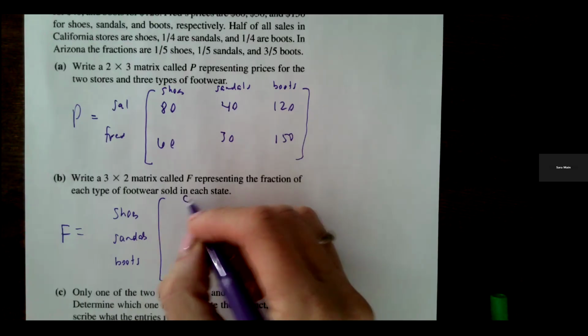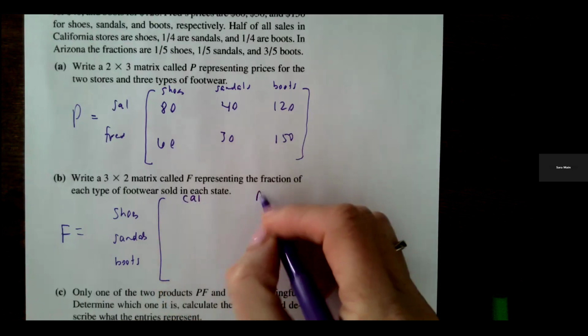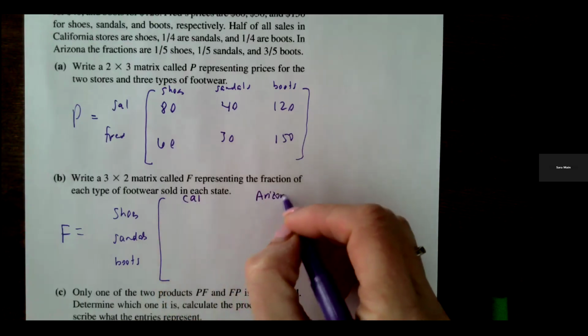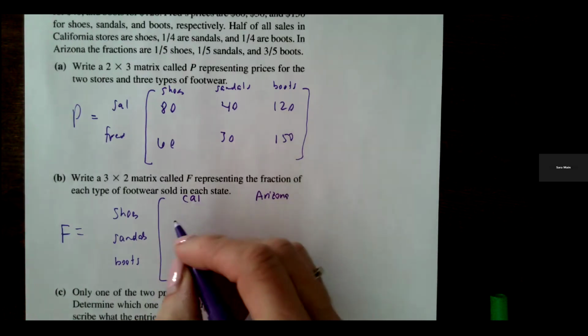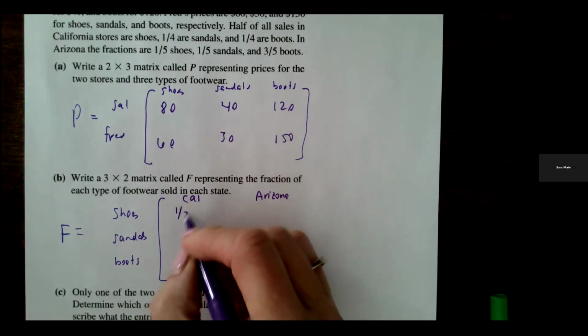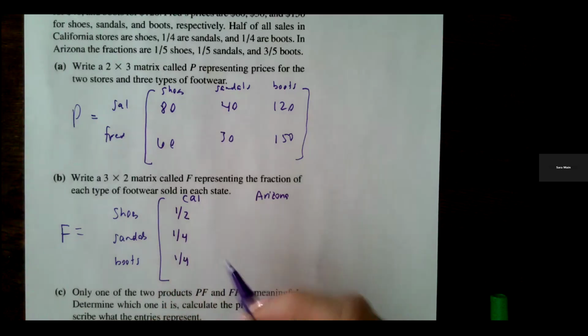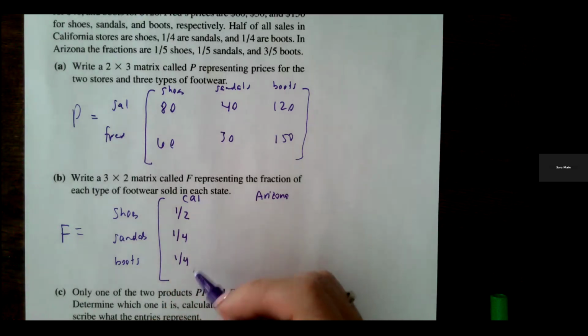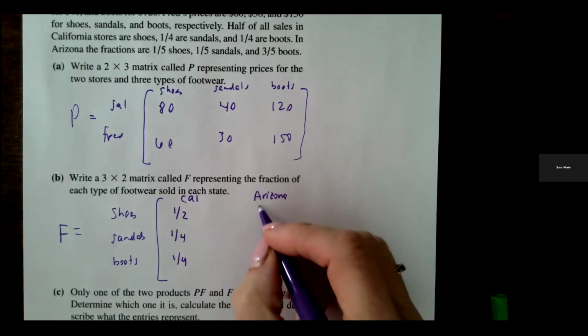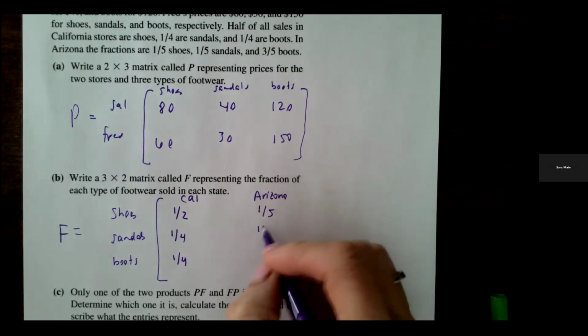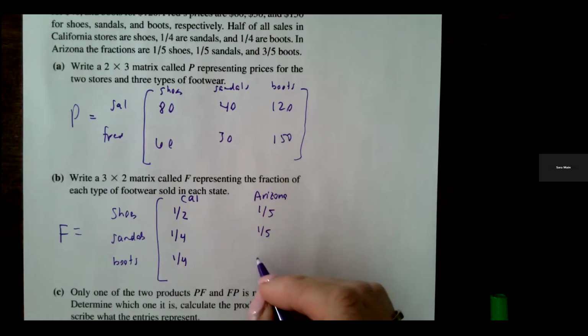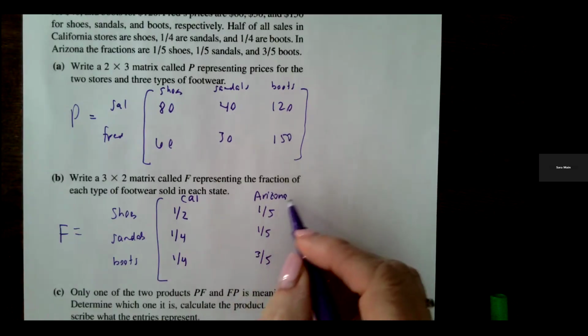So this will be California, and this will be Arizona. This was a half, 1/4, 1/4. And they have to add to 1, and they do. And this was 1/5, 1/5, and 3/5. And this column adds to 1 as well.